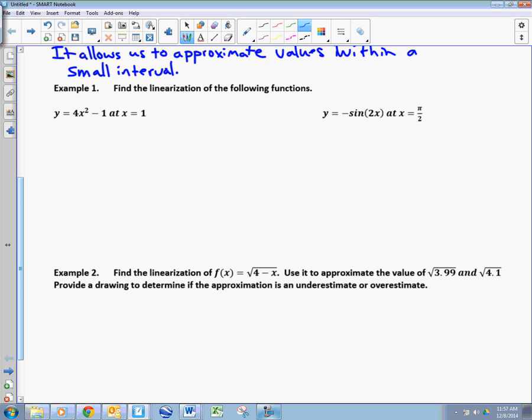Find the linearization of the following functions. So all we're going to do is find the linearization. If you see this term on the AP Calculus test or in future years or any time, you just want to think about the equation for the line tangent at the given point. So first what I must do is decide what the point on the line is and the slope. What is the point on the line going to be? 1, not 2, but 3.